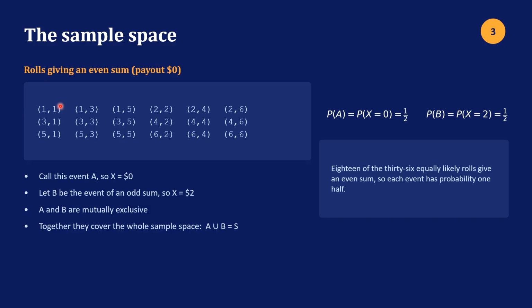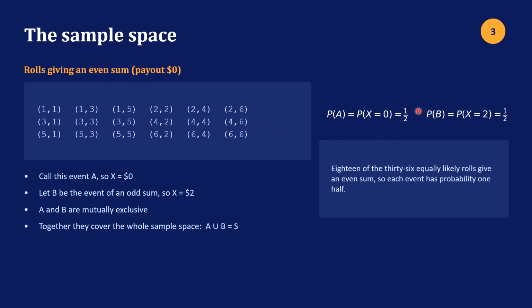So these are the events here where you would get an even sum, or a payout of 0. You notice these all add up to an even number, and there's 18 of these. And the total possibilities when you roll 2 die is 36. So half of the possibilities result in even.